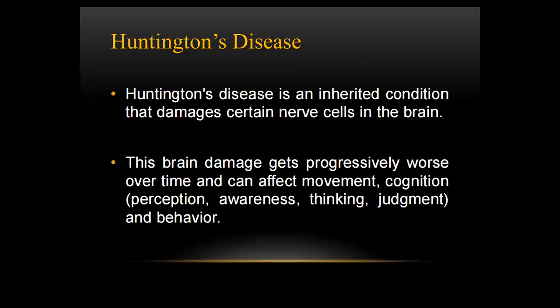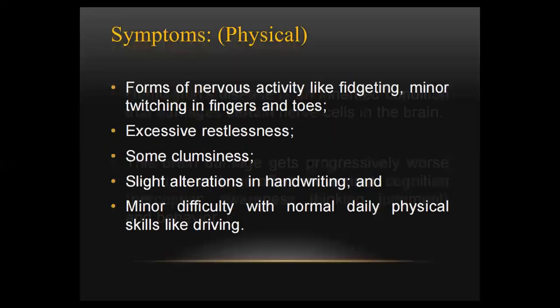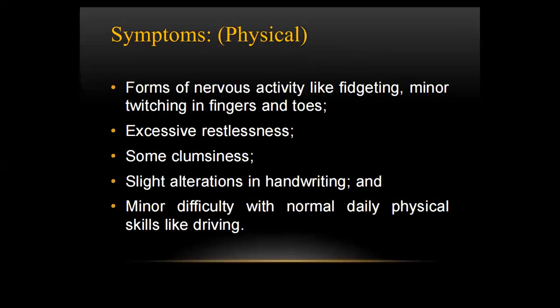The other disease is called Huntington's disease. This one is due to damage to certain nerve cells in the brain. The disease progressively worsens over time and can affect movement, cognition, that is perception, awareness, thinking, judgment, and behavior. Symptoms include nervousness, minor twitching in the fingers and toes, excessive restlessness, and sometimes clumsiness.